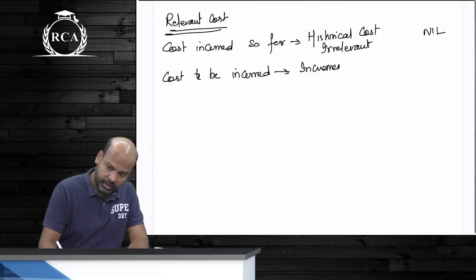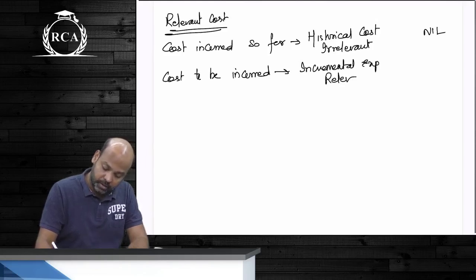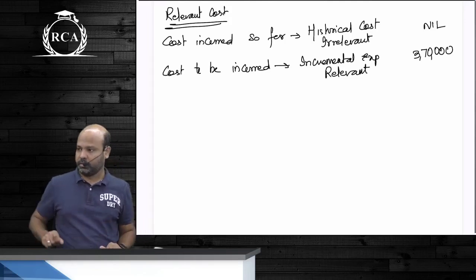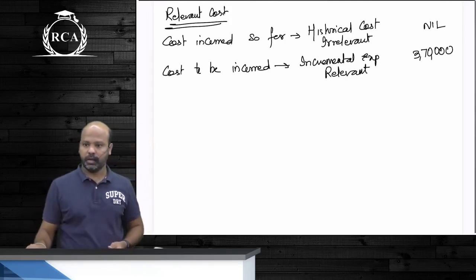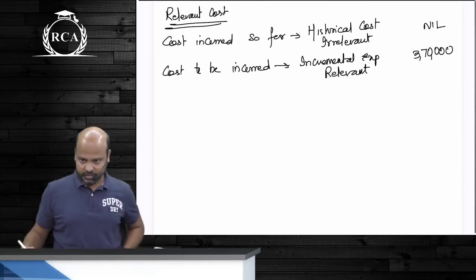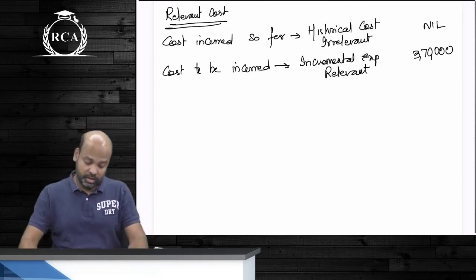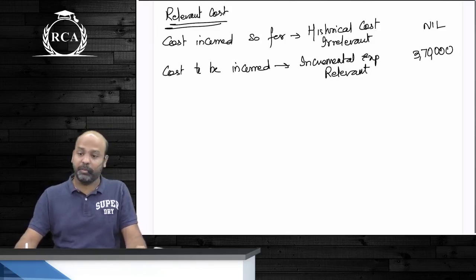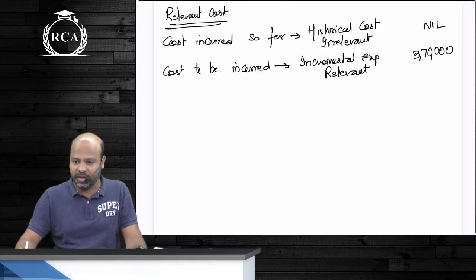Incremental expenditure, relevant. Cost incurred so far is historical cost, irrelevant. Cost to be incurred is incremental expenditure, and that is why it is relevant.